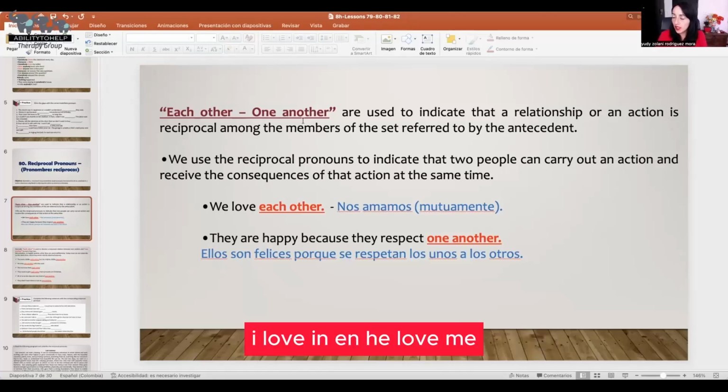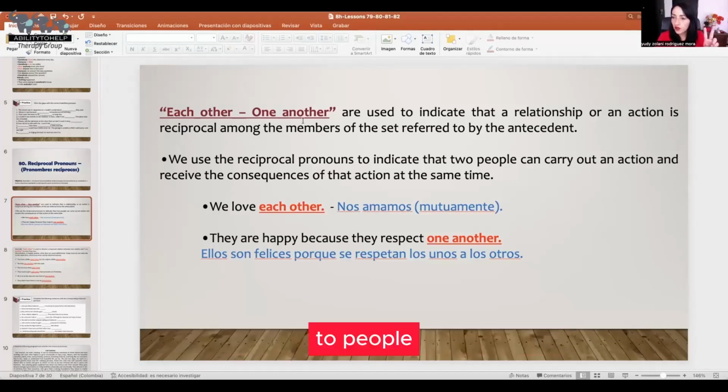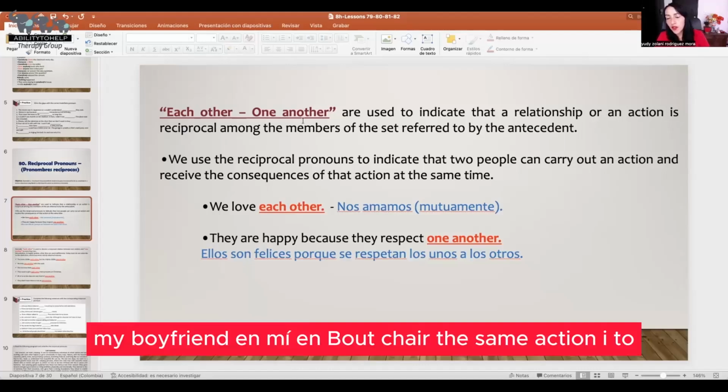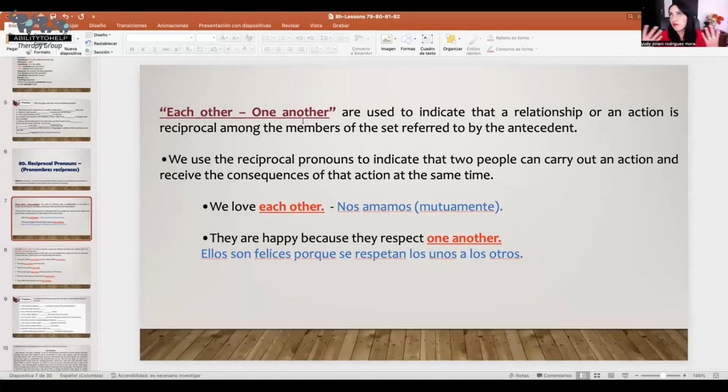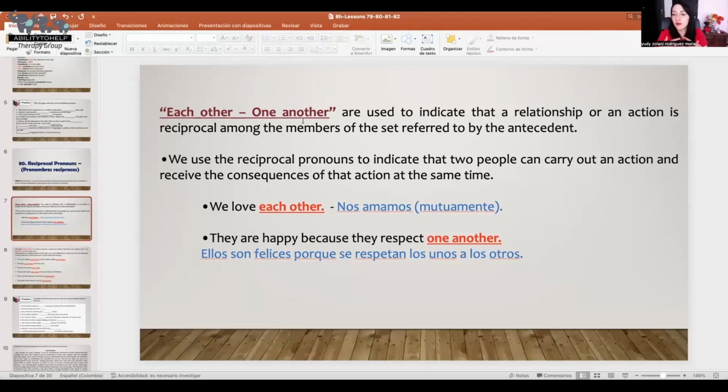I love him and he loves me, okay? It's just when I talk about two persons, two people, my boyfriend and me, and both share the same action. I love my boyfriend and he loves me. Both feel the same, okay?